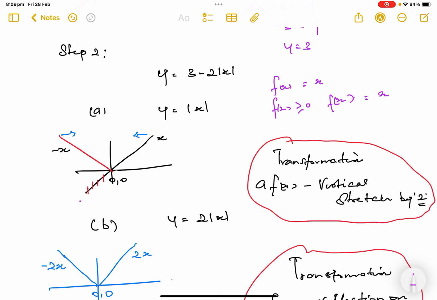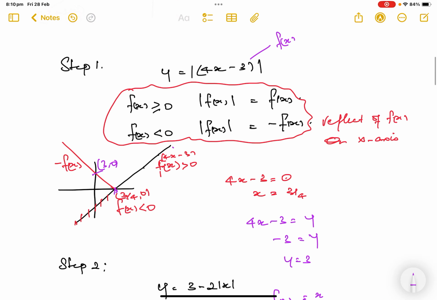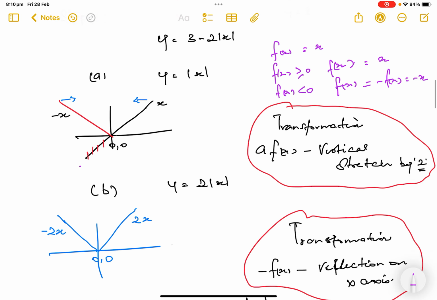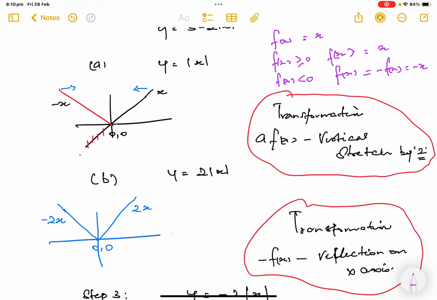But if f(x) is less than 0, the modulus is minus f(x), that is equal to minus x. So simple as that, because of the reflection on the x-axis. The vertex is at (0, 0). Now we have found this bit, so it's the modulus of x only that we found.